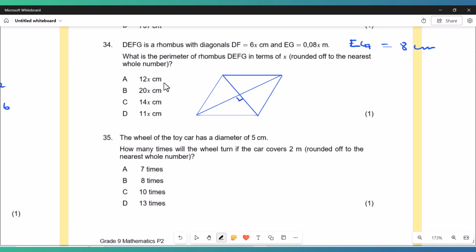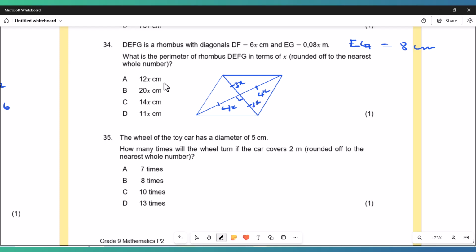This one being the longest here, it's going to be 4 here, also 4 here, because it must make 8. Don't forget there's x here, also x here. This one being 6 must be 3 here, also 3 here. So this is 3x, also 3x here.